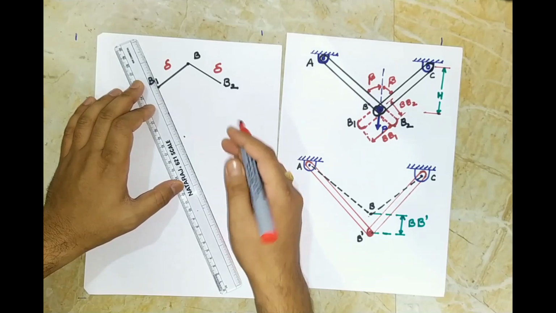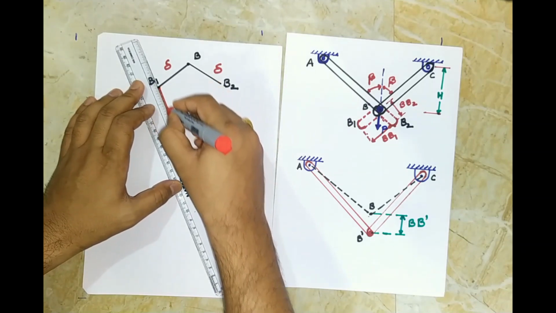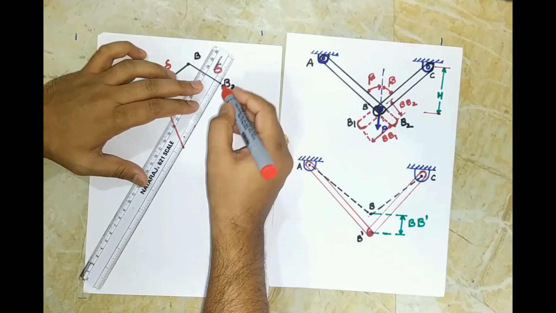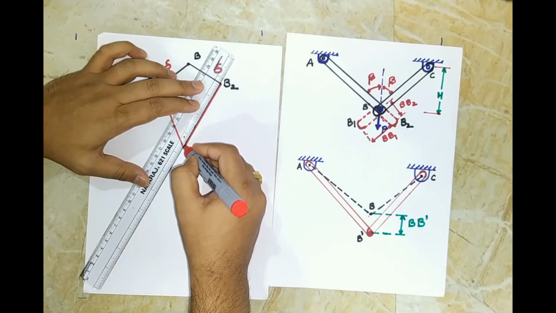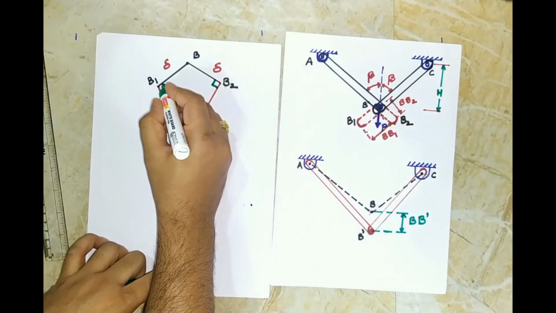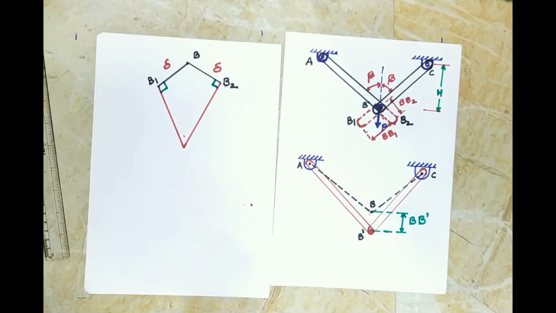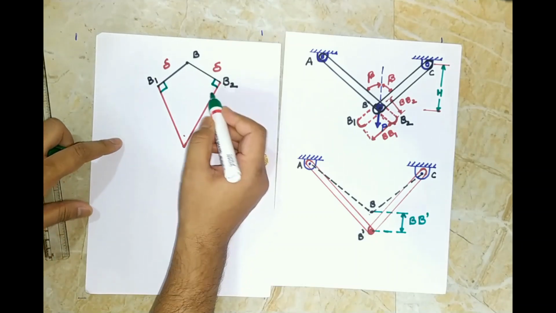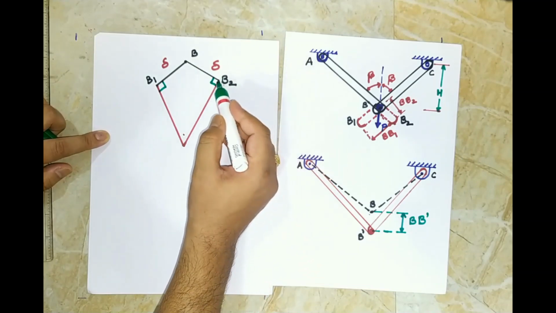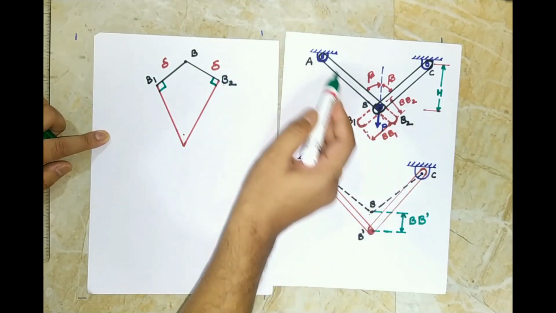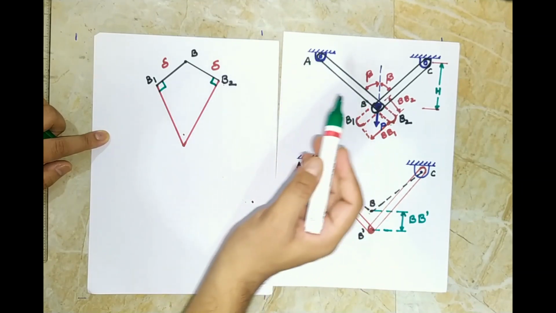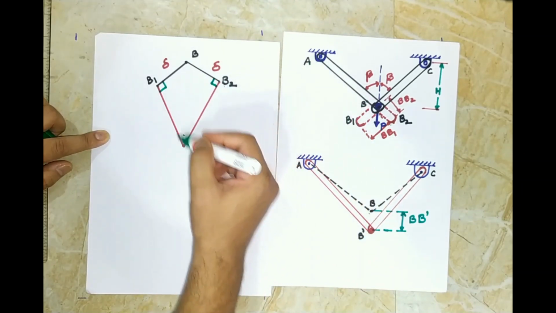Let us draw perpendicular to it, and this will also come perpendicular. Let us open this link and rotate it to find the final position of the joint. And when we do this, it will go on a circular path, but perpendicular to it. But since this change in length is very small as compared to total link length, it will almost be a straight line.